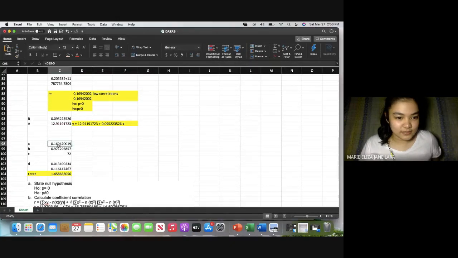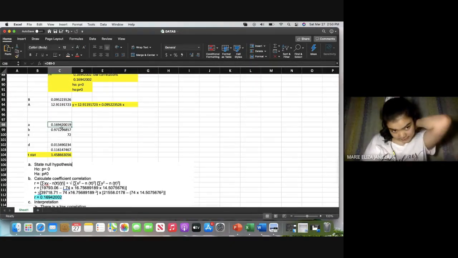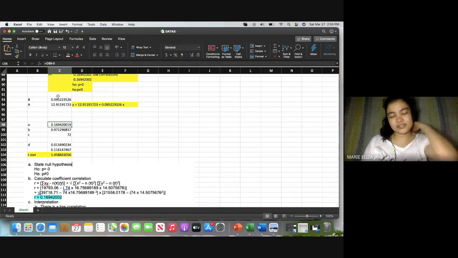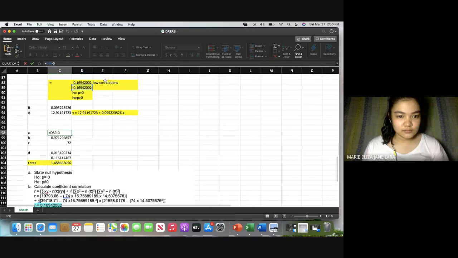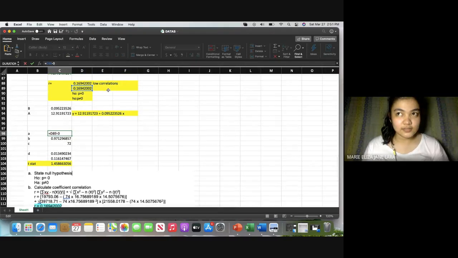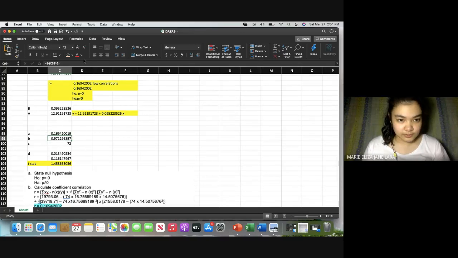So for the t-stat, what I did is I divided it into parts to make it easier. So here is the first part: the correlation coefficient minus zero. The zero is the value of the population in the null hypothesis.